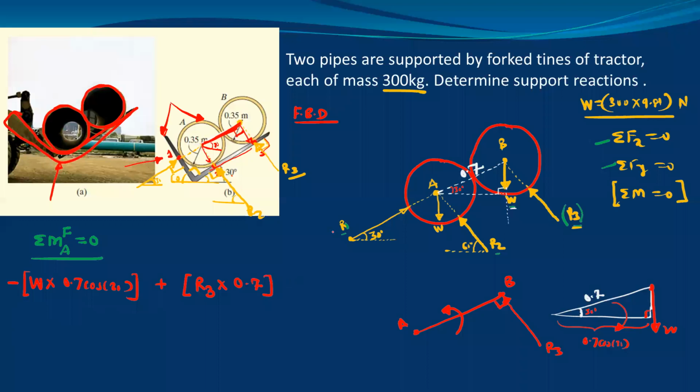So only two forces contribute, one is W and R3. The moment by the remaining forces, R1, R2, is 0, because all these forces are concurrent at the point A, and therefore the moment is 0. So from this we get the reaction R3. Put the value of weight W, which is 309.81.